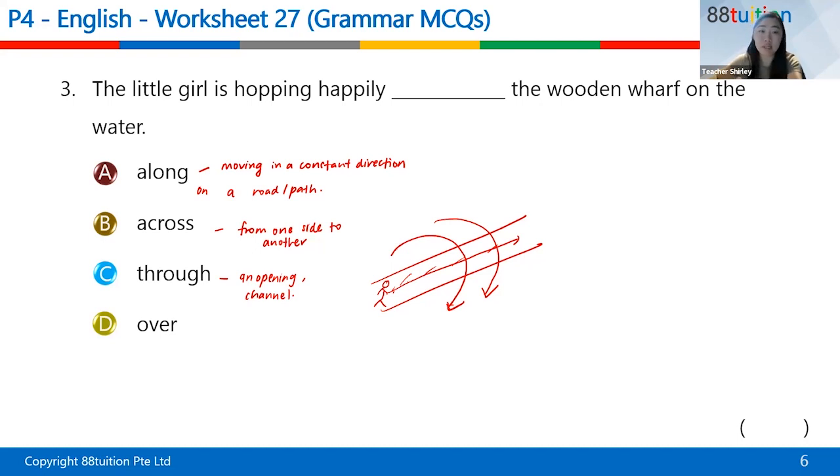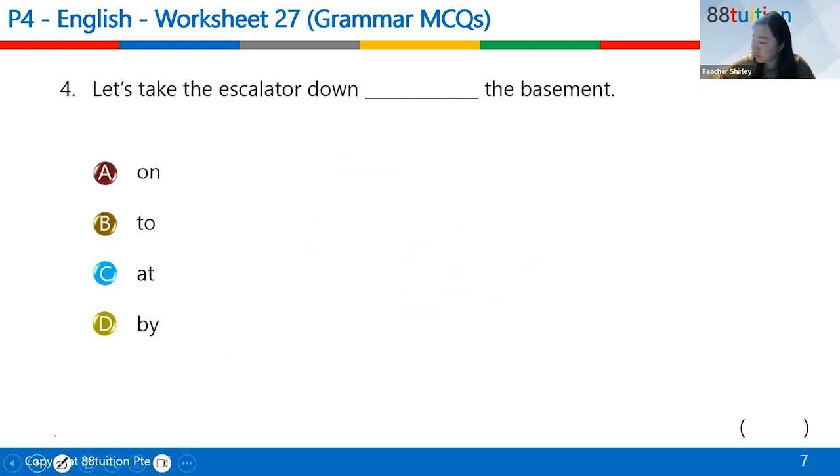When you go over something, it's basically extending directly upwards from. So of course, I think along would be the best. Yeah, good try though. I think it's a little bit confusing. That's why some of you did not get it right the first time. So that's why I'm going through it in a little more detail.